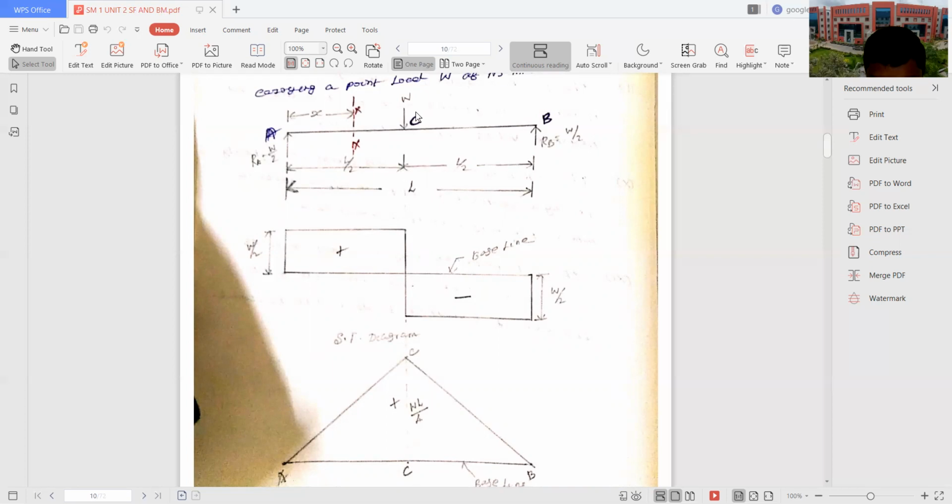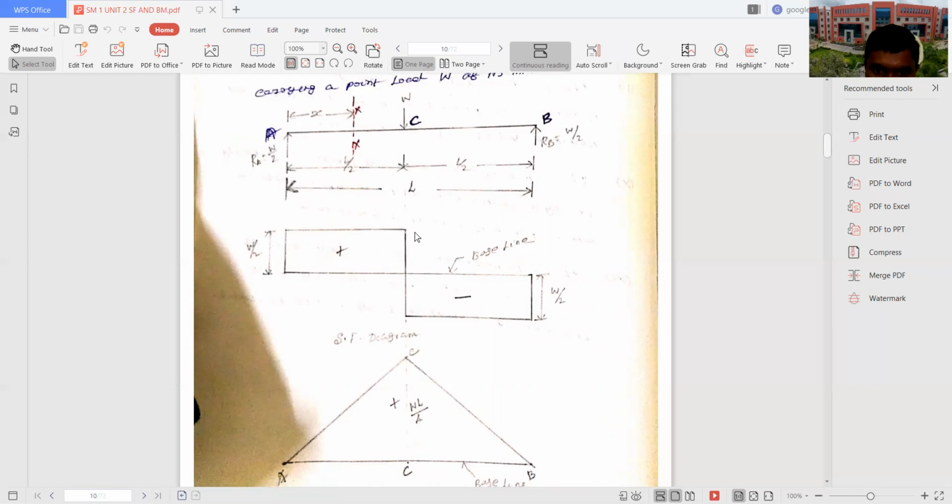But because of the load W acting at C, there will be a change. Here, what is the load acting? W. It is acting downward, therefore minus W. Here, we have the plus W by 2.